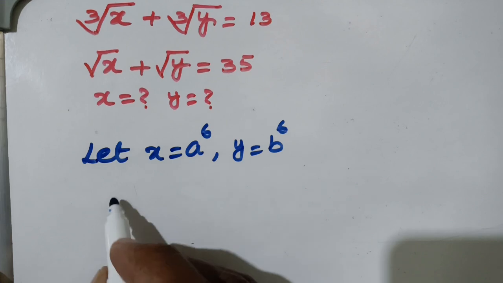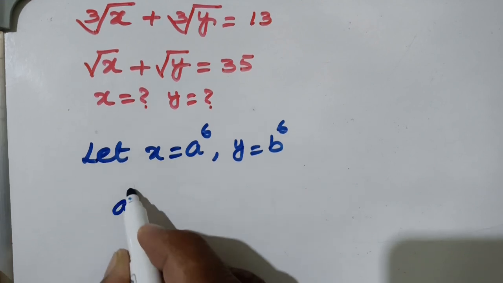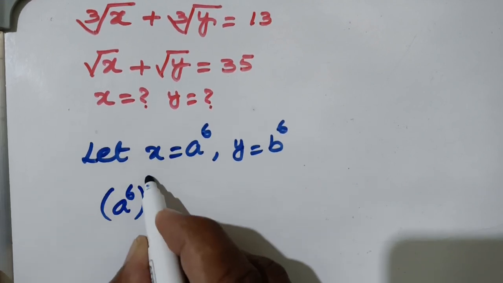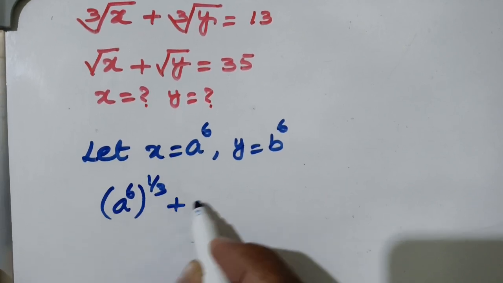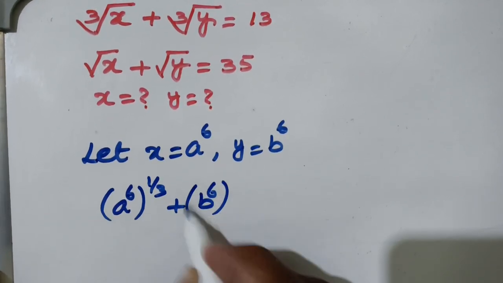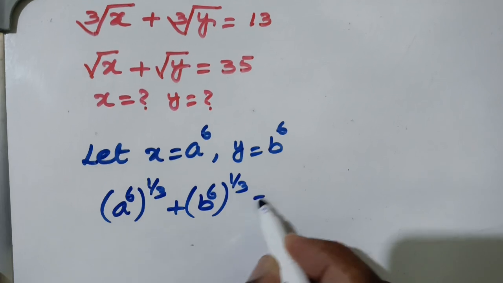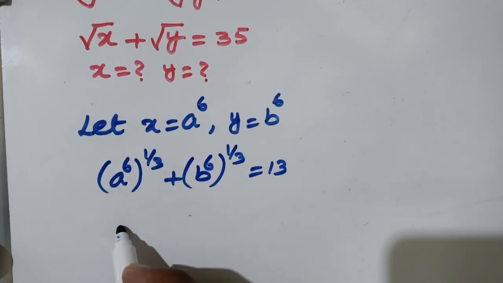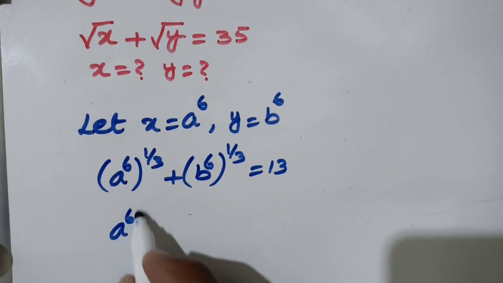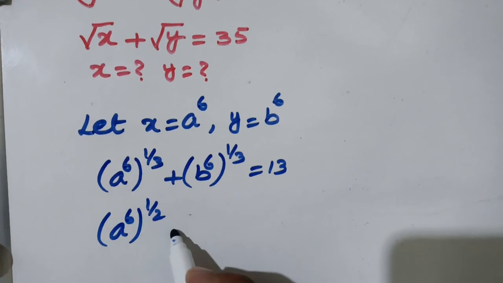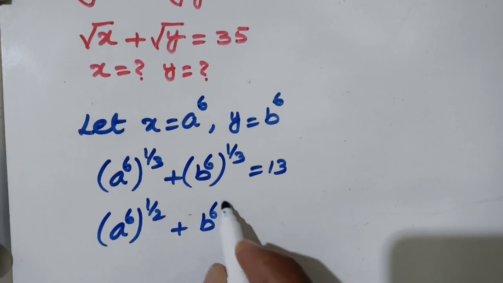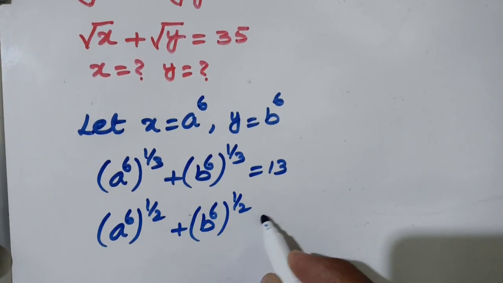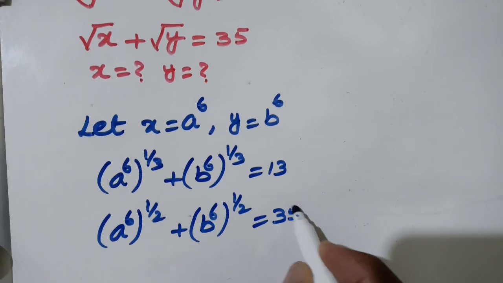Equation 1 becomes a to the power of 6 whole to the power of 1 by 3 plus b to the power of 6 whole to the power of 1 by 3 is equal to 13. And equation 2 becomes a to the power of 6 whole to the power of 1 by 2 plus b to the power of 6 whole to the power of 1 by 2 is equal to 35.